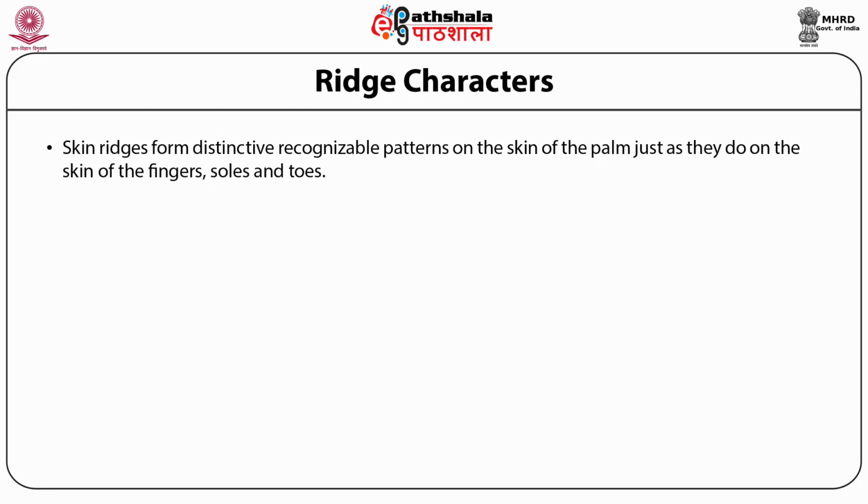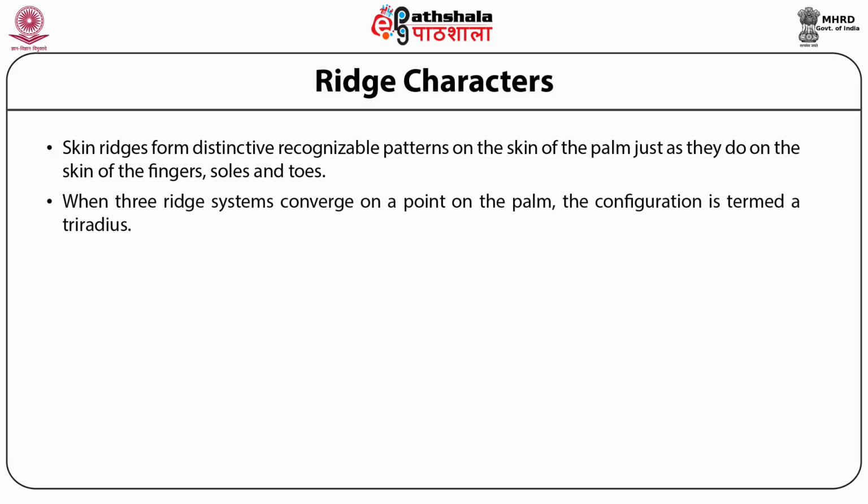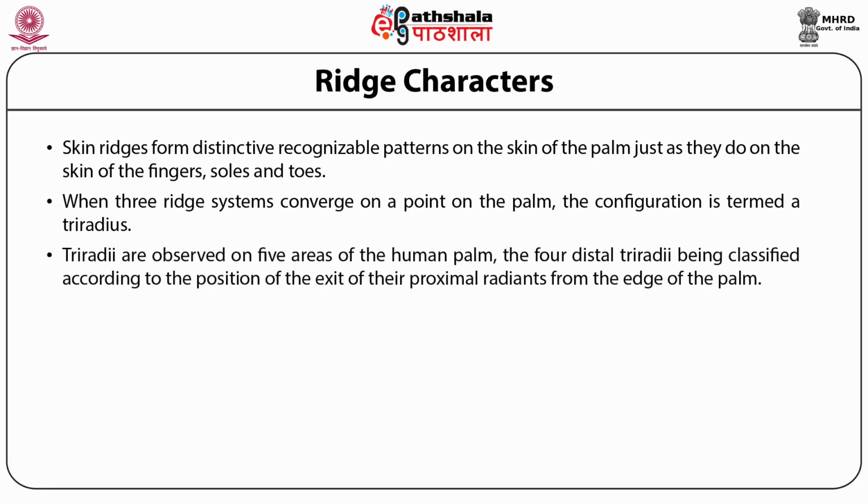Skin ridges form distinctive recognizable patterns on the skin of the palm, just as they do on the skin of the fingers, soles, and toes. When three ridge systems converge on a point on the palm, the configuration is termed a triradius. Triradii are observed on 5 areas of the human palm.